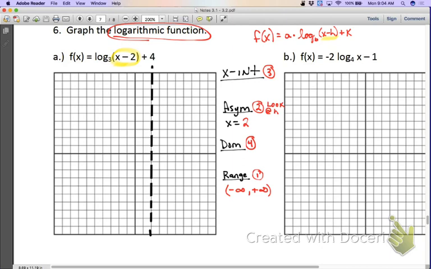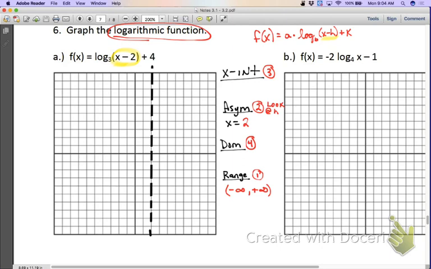So before, whenever I was trying to find the y-intercept, I plugged 0 in for x. So what do you think I'm going to plug 0 in for with the x-intercept? Y. So if f of x is equal to log base 3 of x minus 2, plus 4, what's y?